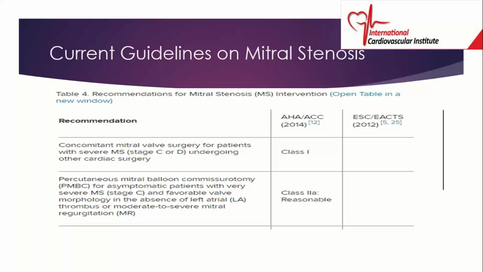The pulmonary artery systolic pressure greater than 30. But we also have a staging system. Stage A, at risk. Stage B is your progressive patient with mild to moderate MS. And then your stage C, patient with severe numbers but asymptomatic. And stage D is your severe patient who is symptomatic. So those are the updated guidelines.